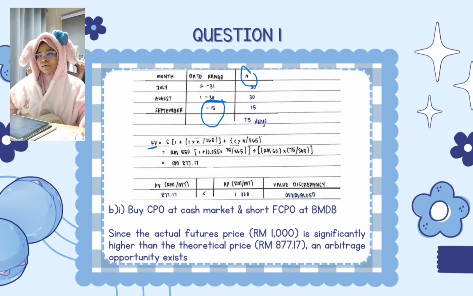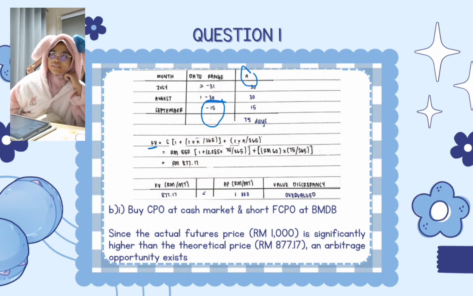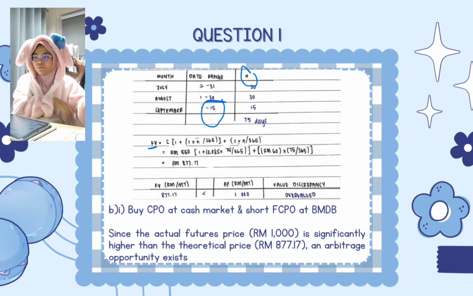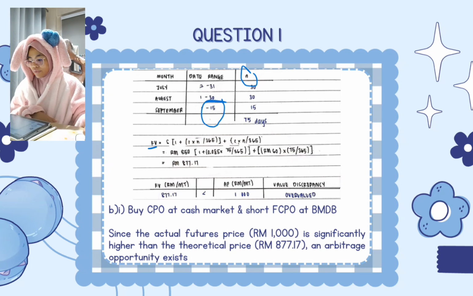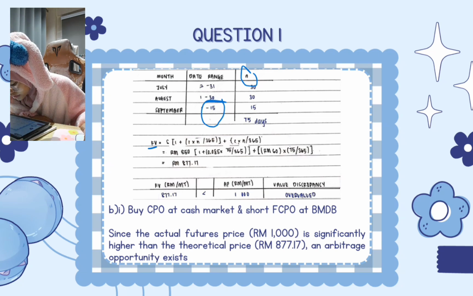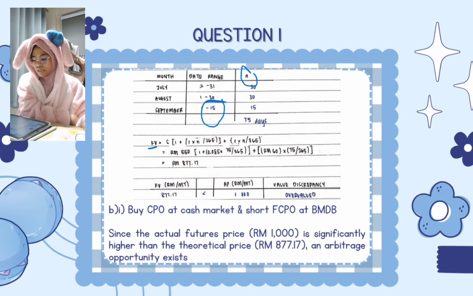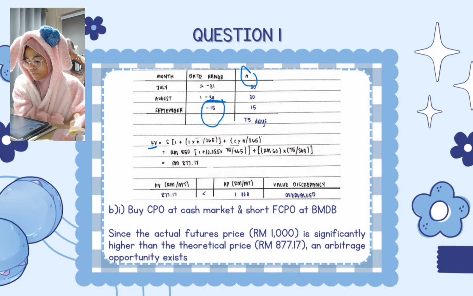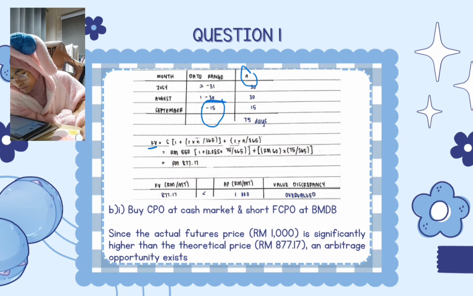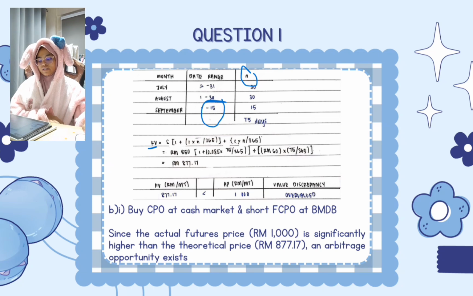So we just put everything inside the formula. So the formula is spot price times 1 plus interest times n per 365 plus cost times n per 365.